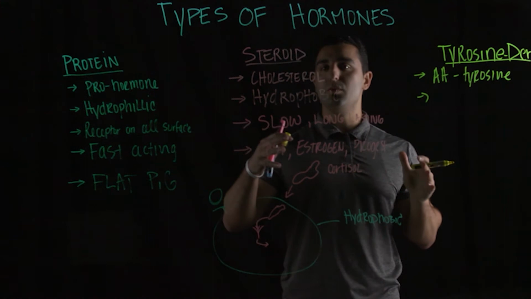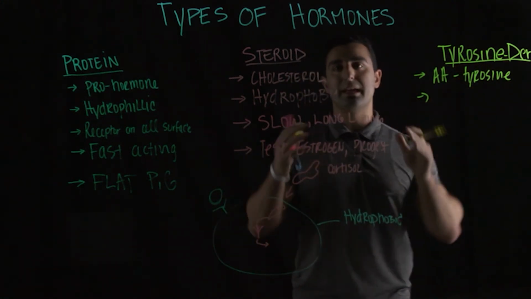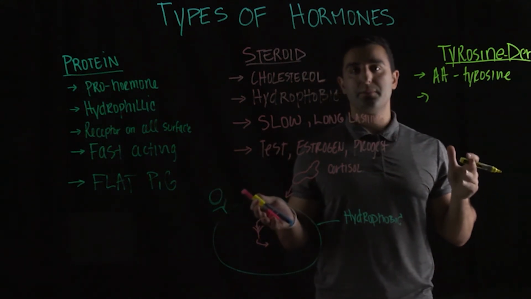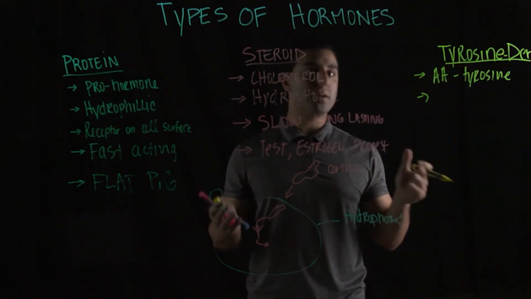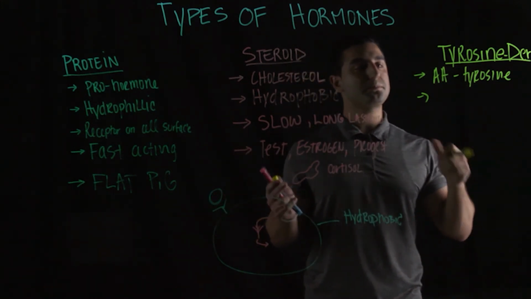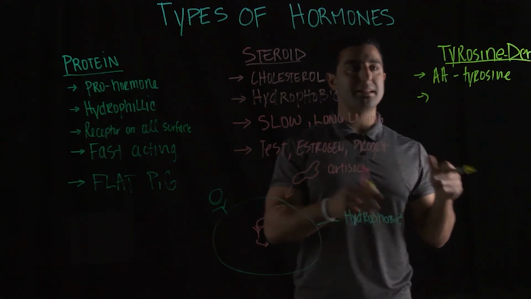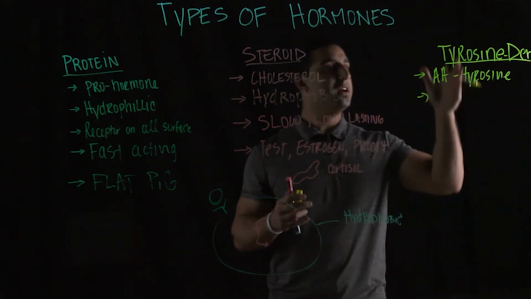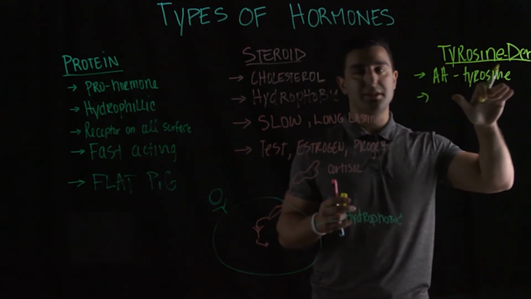So there's certain chemicals that are derived from tyrosine, for example, like epinephrine, that are hydrophilic. Whereas other tyrosine-derived hormones like thyroid hormone, thyroxine, that is a hydrophobic chemical, if that makes sense. That's why I said they're sort of like a hybrid version. The uniqueness about these specific hormones is they all are derived from tyrosine, right?